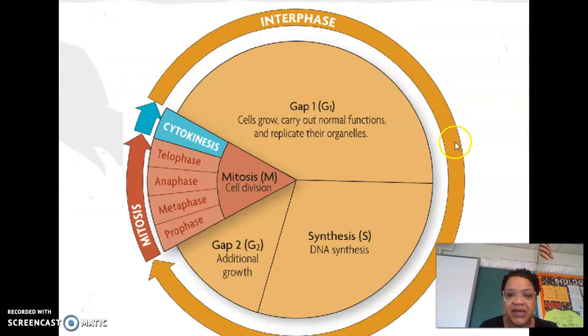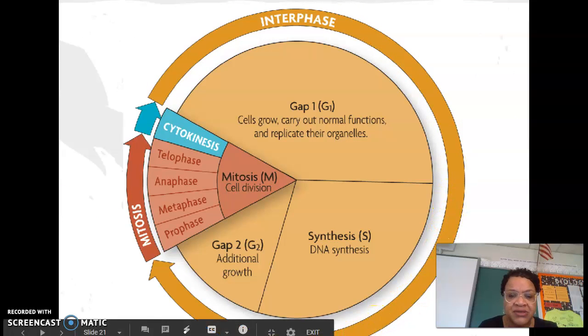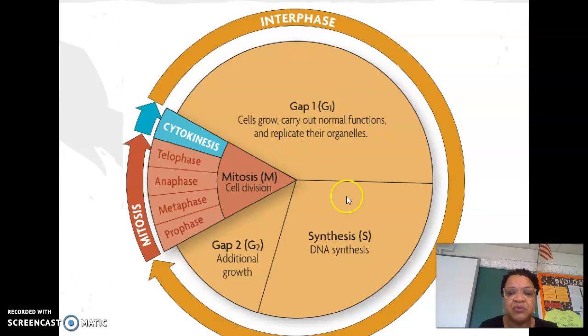So this is the cell cycle itself. This first part right here that my mouse is going around, that part is interphase. Interphase has 3 subphases, G1, S, and G2. I want you to remember that the G stands for growth. That's when the cell is growing. And the S phase of interphase is when DNA replicates itself.